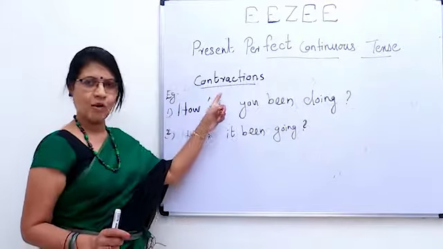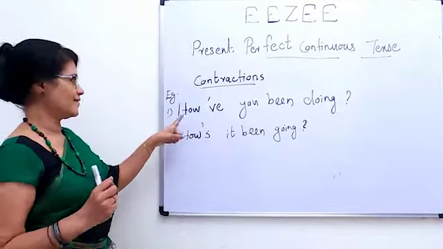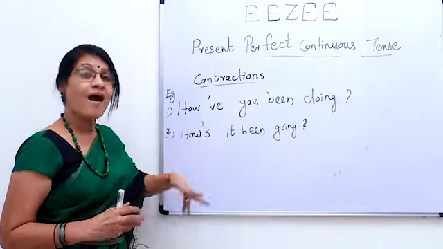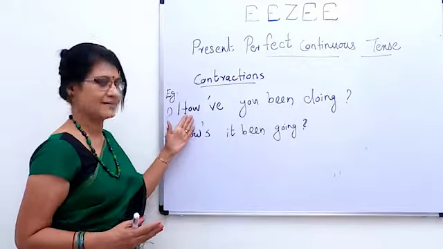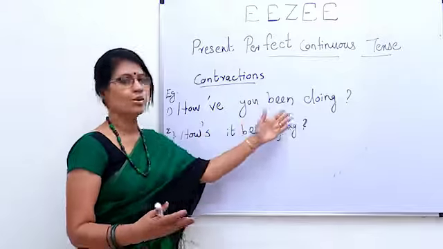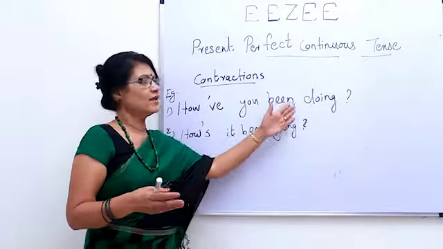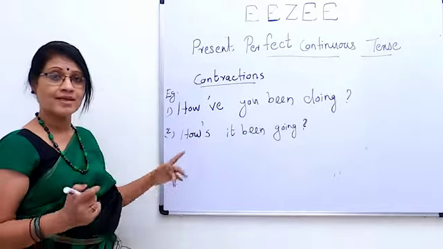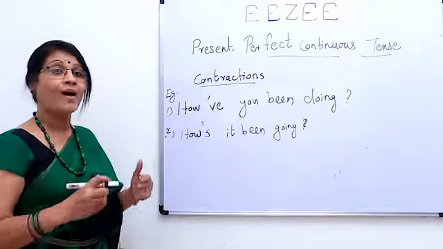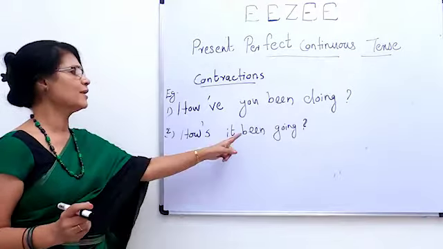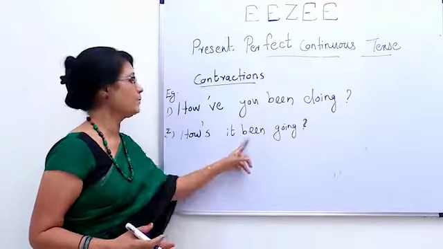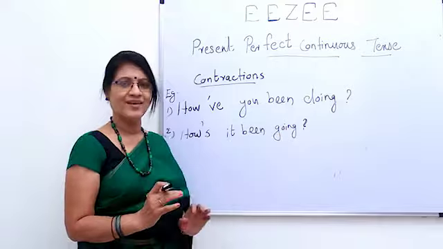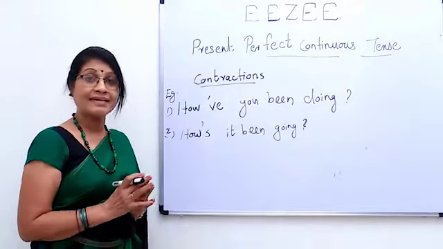Now the contracted forms, the shortened forms. Look here: how apostrophe ve, how have. No need of telling how you been doing. And how apostrophe s is the contracted form of how has. How do you read this? How's it been going? No need of saying how has it been. How's it been going? So those are the contractions.